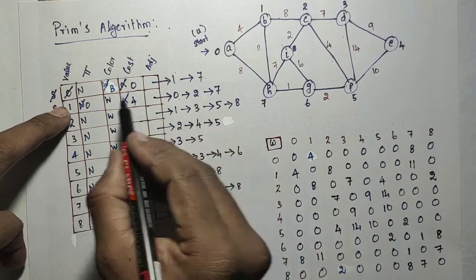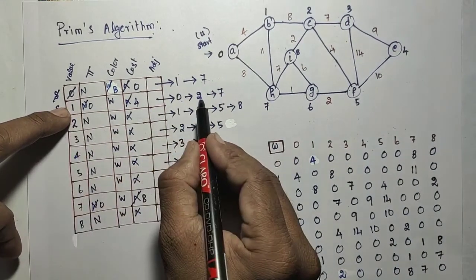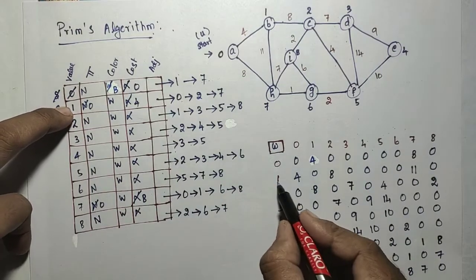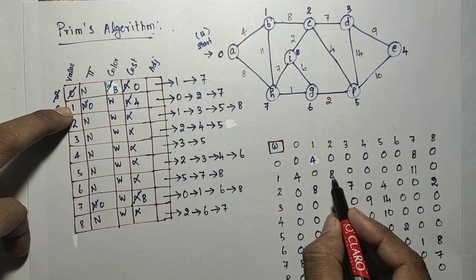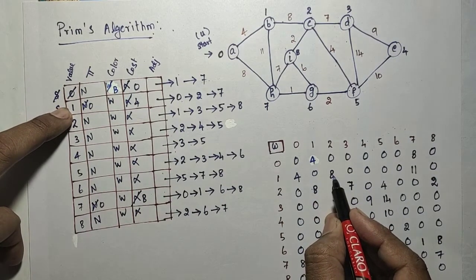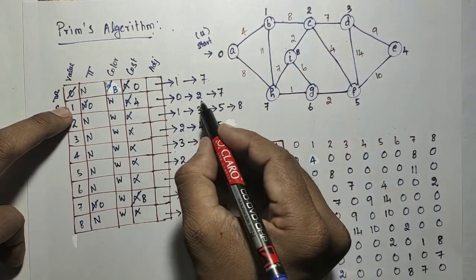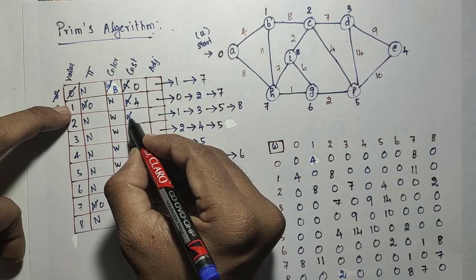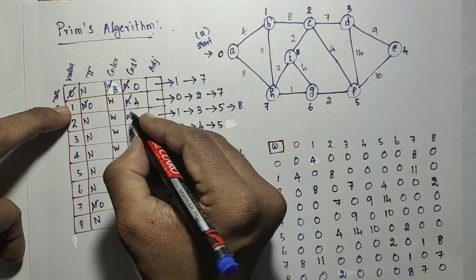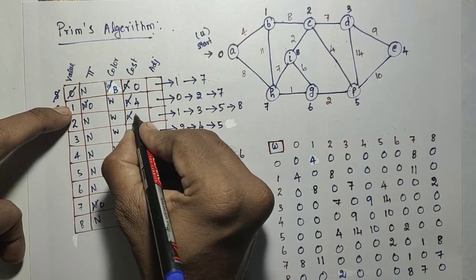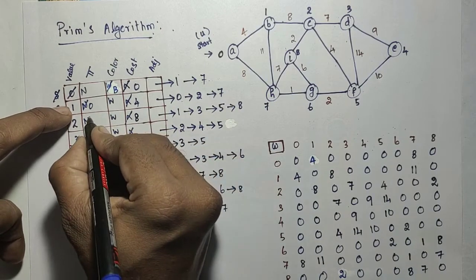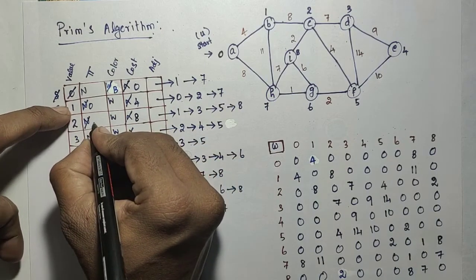Updation needed or not means what? 1 to 2, what is the cost? Just check the matrix. 1 to 2, the cost is 8, which is less than this 2 cost. 2 cost is infinity. So it is less than, so this needs to be changed to 8. That corresponding parent needs to be changed to 1.